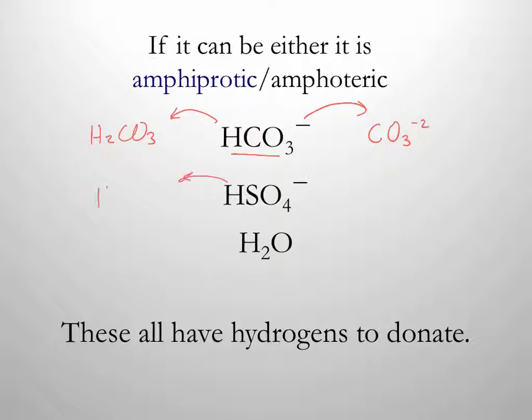Same thing here, accepting a hydrogen, this would be the product. Donating a hydrogen, I'd be left with the sulfate ion. Accepting a hydrogen, I have the hydronium, donating a hydrogen, and I'm left with a hydroxide. The key here is for something to be amphiprotic, it has to have at least one hydrogen because it's got to be able to donate it in order to act as an acid.